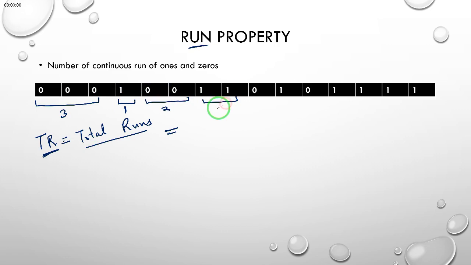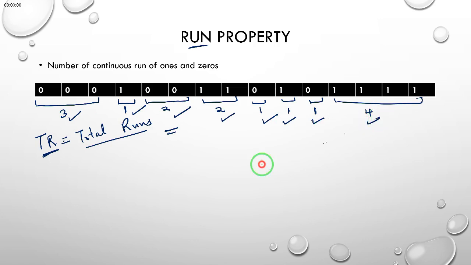These are two continuous ones, 2, then only 1 zero, only 1 one, only 1 zero, and 4 continuous ones. So the number of runs is 1, 2, 3, 4, 5, 6, 7, 8. So we have 8 runs, and therefore we can define the number of runs TR to be given by n.